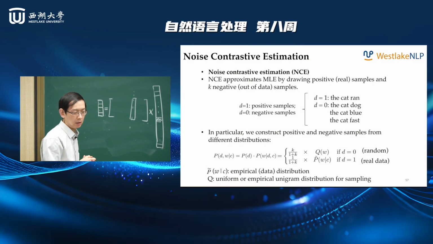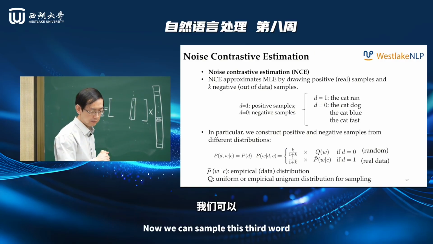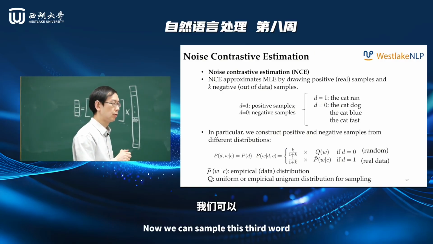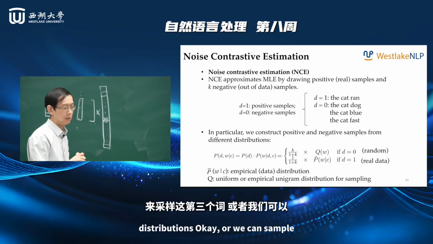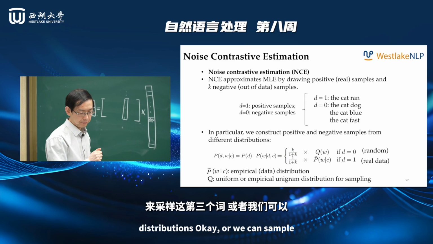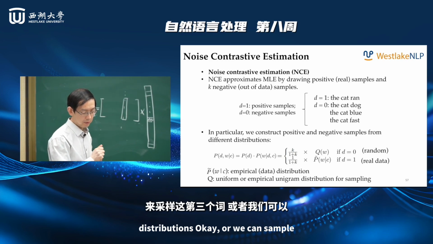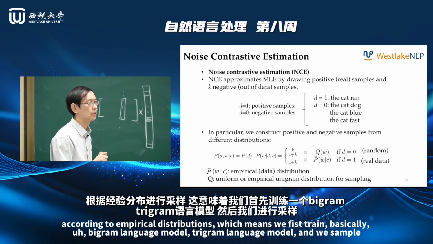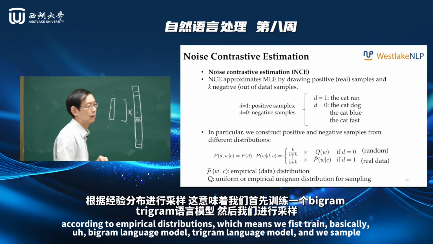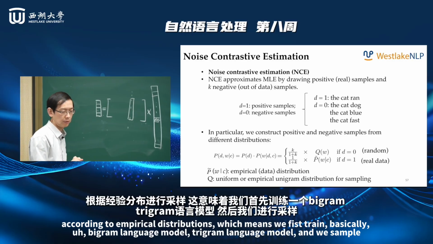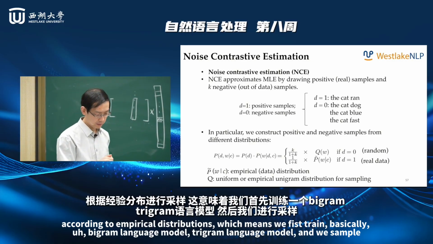Now, we can sample this third word according to uniform distributions, or we can sample according to empirical distributions, which means we first train a bigram language model, trigram language model, and we sample.